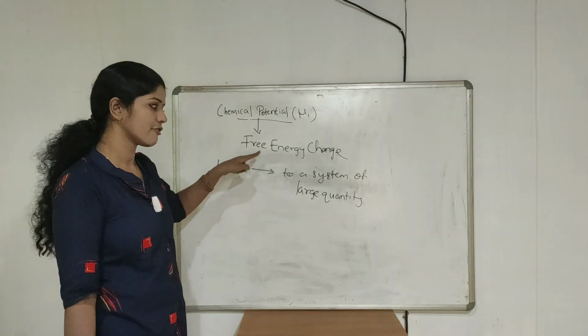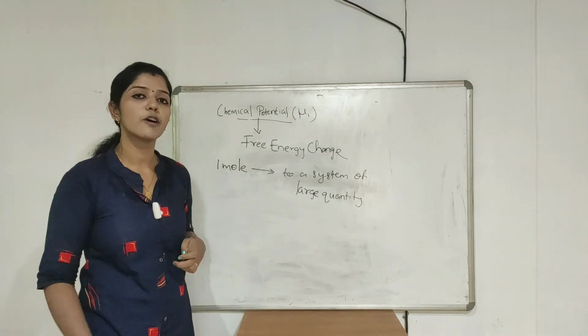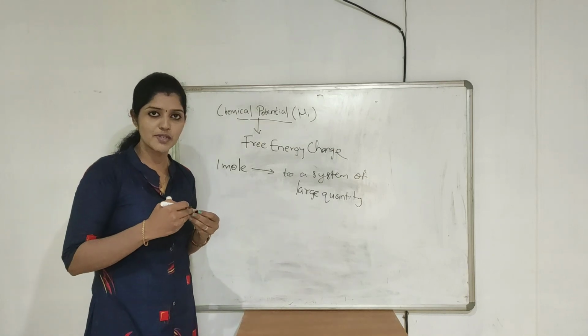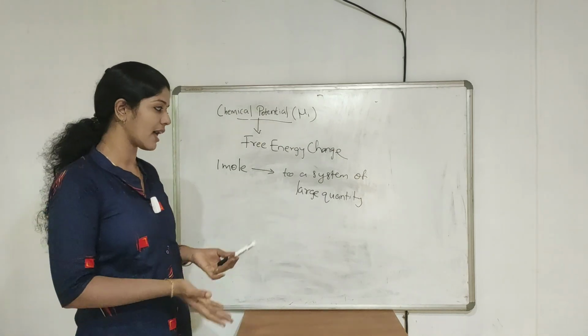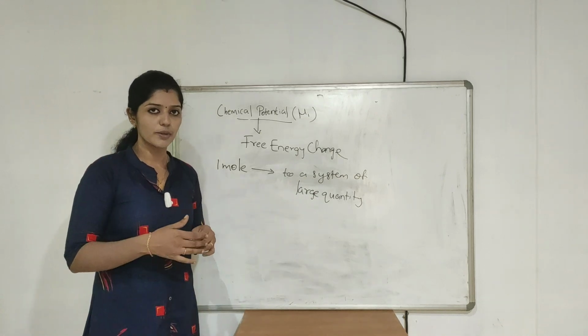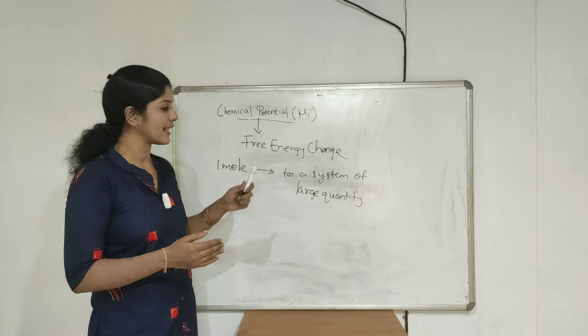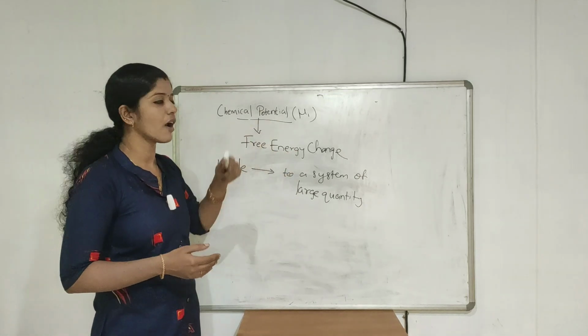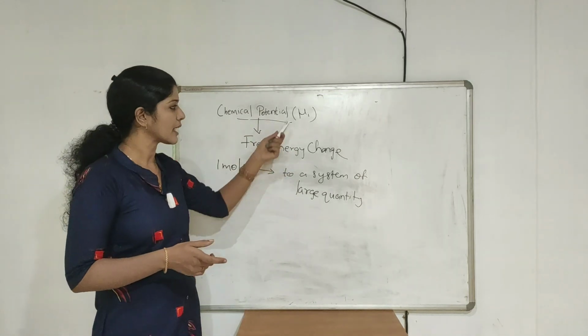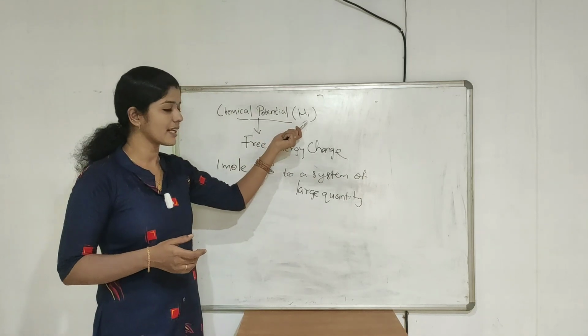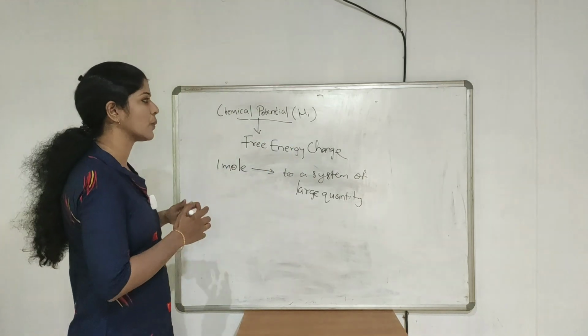So it is a free energy change when 1 mole of a substance is added to a system of large composition and there is no change in its initial composition. At that time the free energy change is called chemical potential. Chemical potential we represent using the Greek letter mu i.